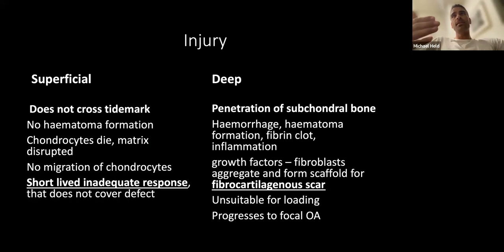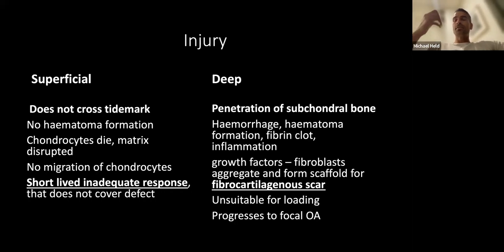And it's basically because the superficial layer is now injured, the shear forces are acting on the intermediate layer, which is not really made to accept shear forces. And that's why this cartilage injury becomes deeper and deeper. Now, with a deep injury, there's penetration to or even through the subchondral bone, which causes a clot formation.